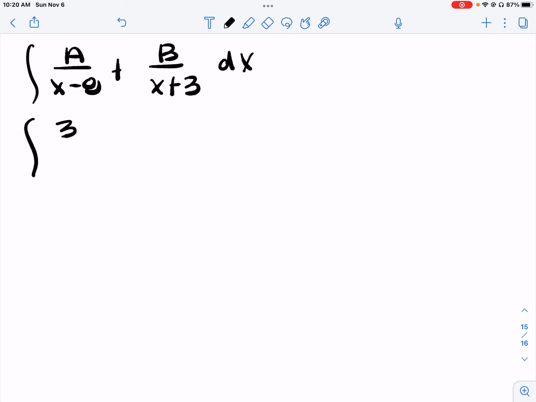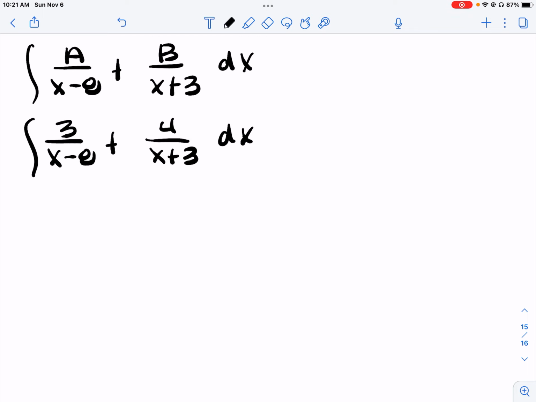Okay, so now that integral, we can go back and say it's a over x minus 8 plus b over x plus 3. That is 3 over x minus 8 plus 4 over x plus 3.